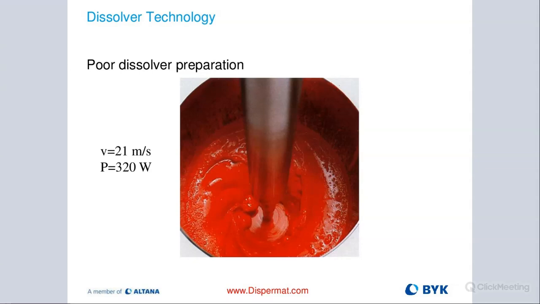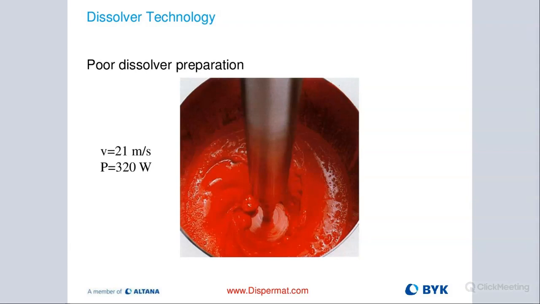That doesn't mean you're not dispersing, but what it means is maybe you want to change the diameter of your blade, move it up, go down maybe a little bit, or change the formula, right? So that would make it a little bit thicker. That would maybe help putting in more energy, right?